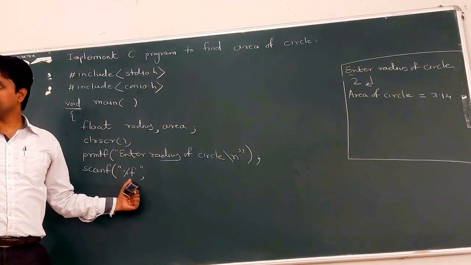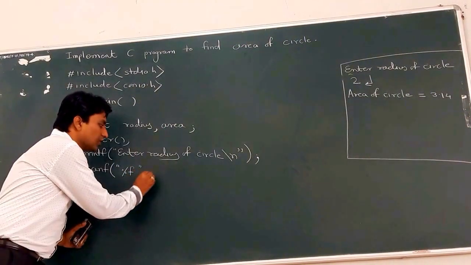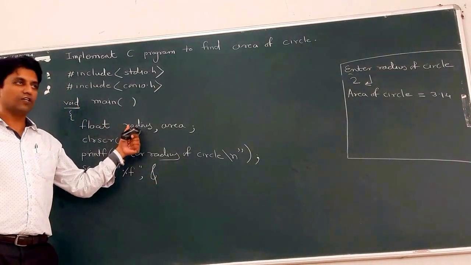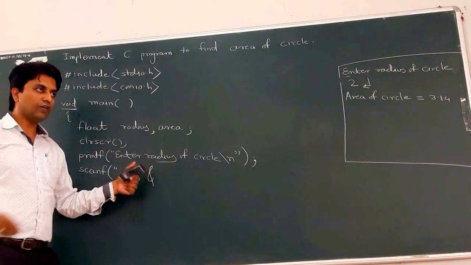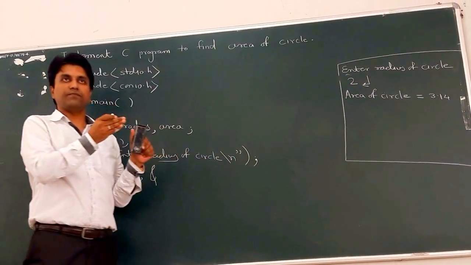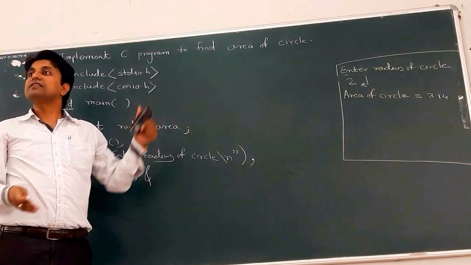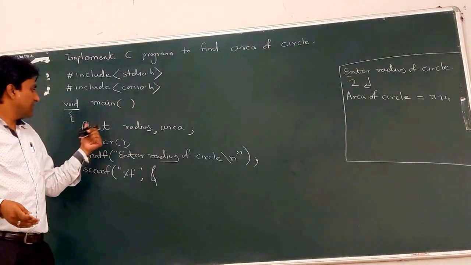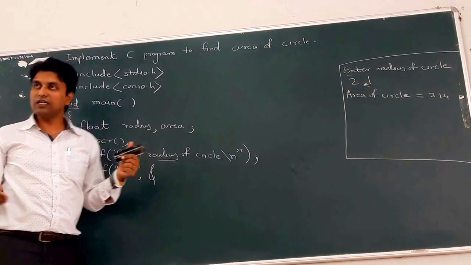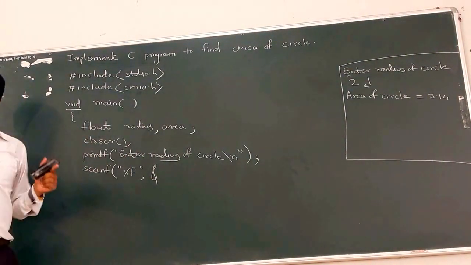So use percentage f and store that value at the address location of radius. Where do we want to store that value? The value the user enters must be stored into RAM, on which partition? Stack partition, because this variable is local. Radius and area are local variables, because the storage type is not written.